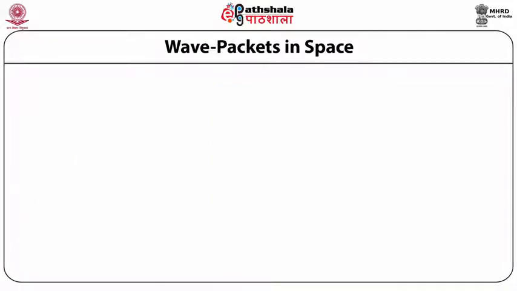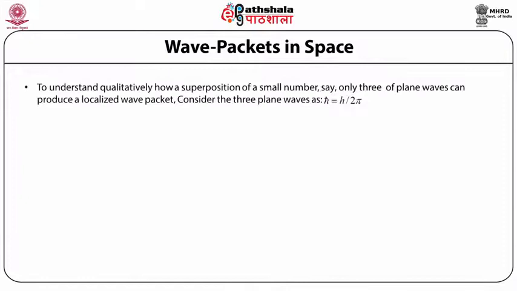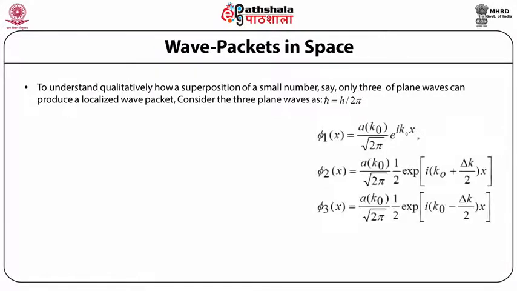Wave packets in space. To understand qualitatively how a superposition of a small number, say only 3 plane waves, can produce a localized wave packet, let us consider 3 different plane waves which are given by the expressions phi 1 of x is equal to A of k naught by under root 2 pi into exponential to the power i k naught x.